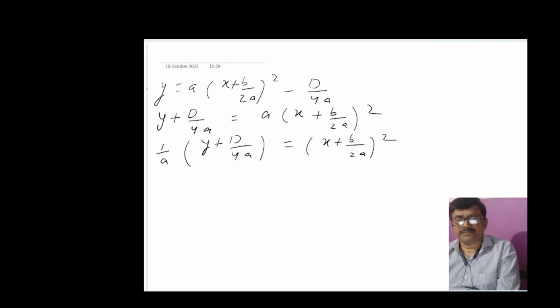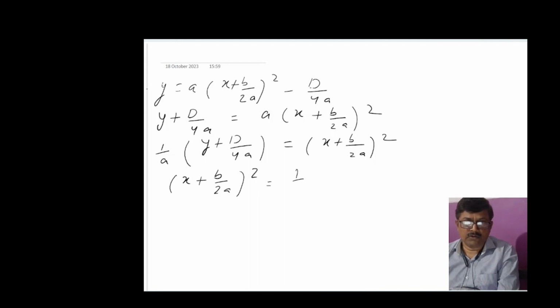Correct? Now I will write it like this: (x plus b upon 2a) whole square equals 1 upon a (y plus D upon 4a). Correct?